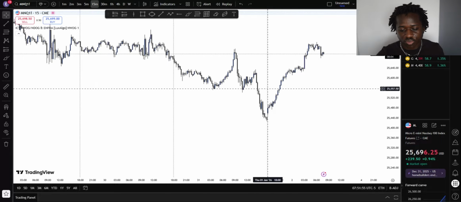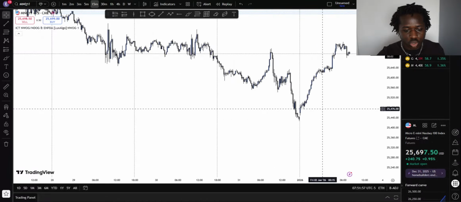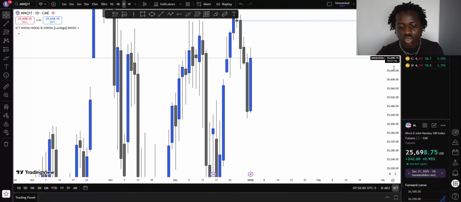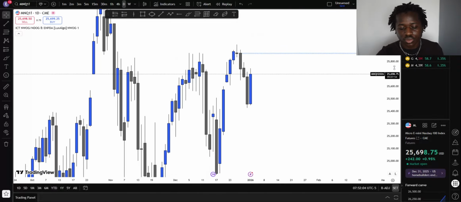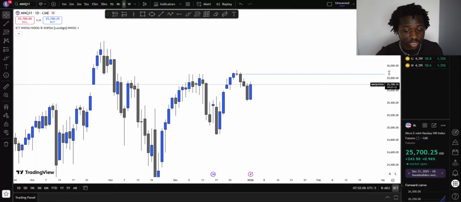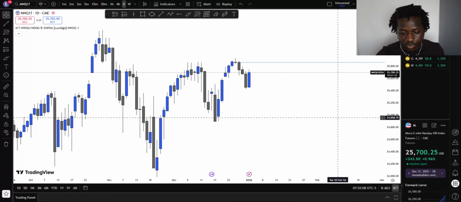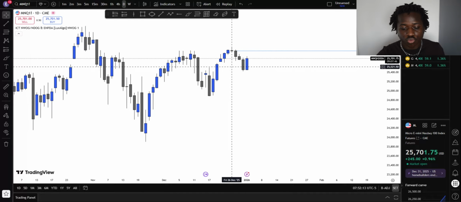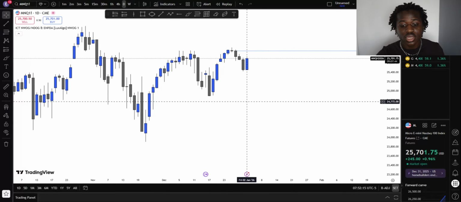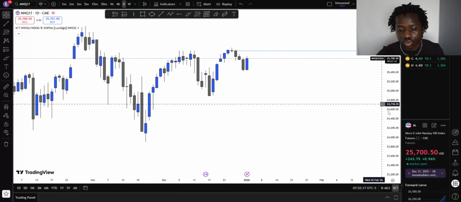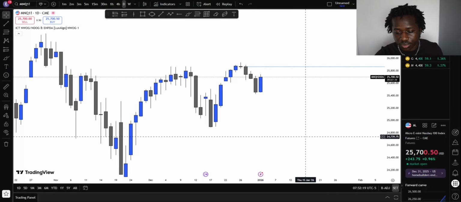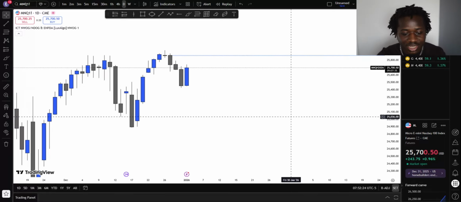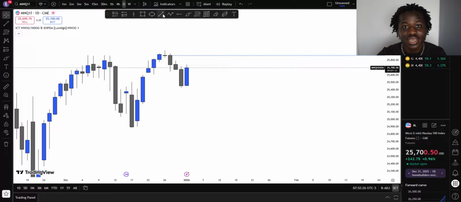So we could go to the daily time frame and let's look at what's happening on the daily time frame. We learned about time frames in the last video, I think, or maybe in this one. We see that on the daily time frame, each of these daily candles represent 1 day of price movement. So good liquidity pools could also be in the form of previous day highs and lows.